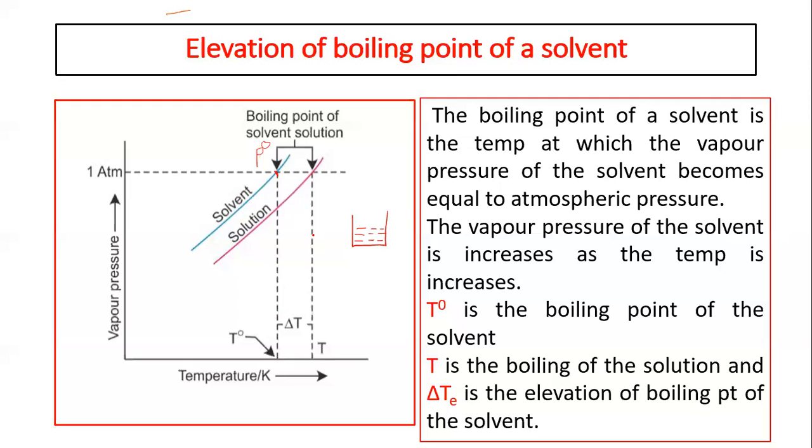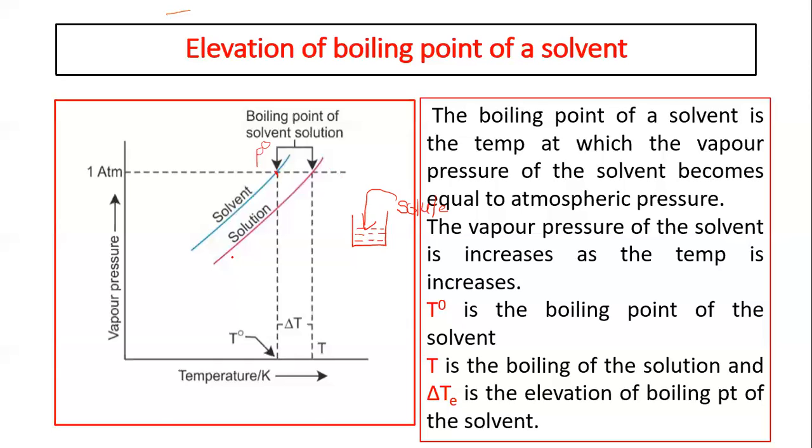And therefore T0 is the boiling point of the liquid. Now when we are adding the non-volatile solute into that solvent, the vapor pressure of the solvent gets lowered. Therefore, the solution boils at a higher temperature than the boiling point of the solvent.